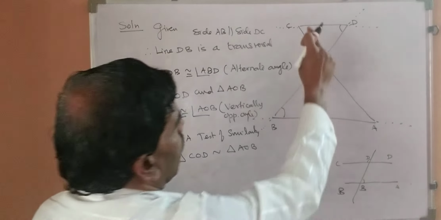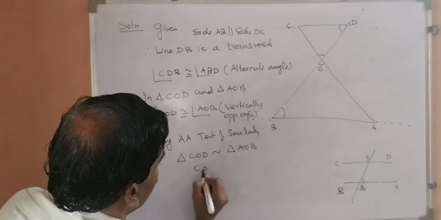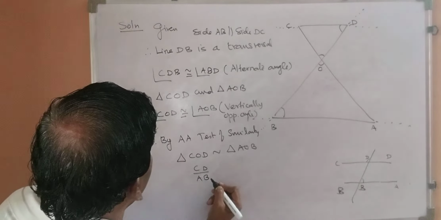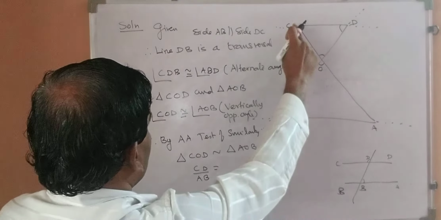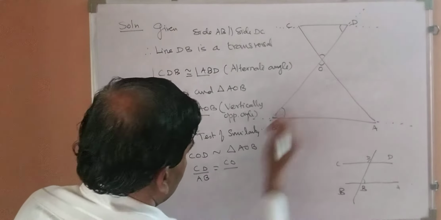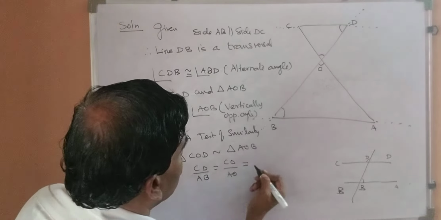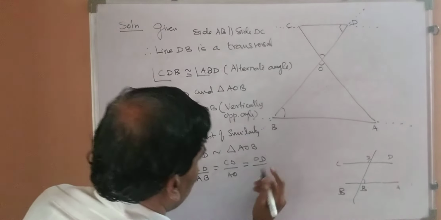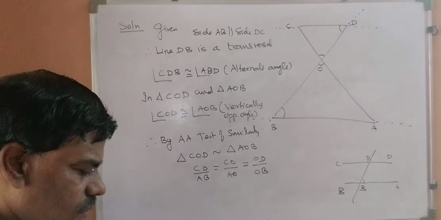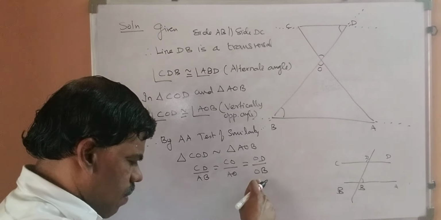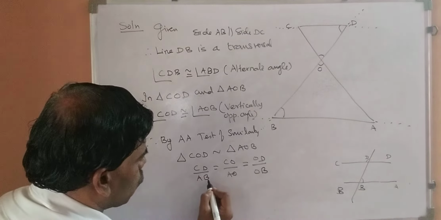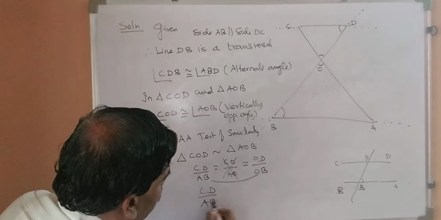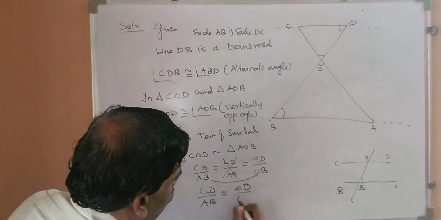So corresponding sides, what happens? CD upon AB equal to CO upon AO equal to OD upon OB. Now whatever is given, we will write OD upon OB and DC upon AB. These two we will take. This is not required. So CD upon AB equal to OD upon OB.